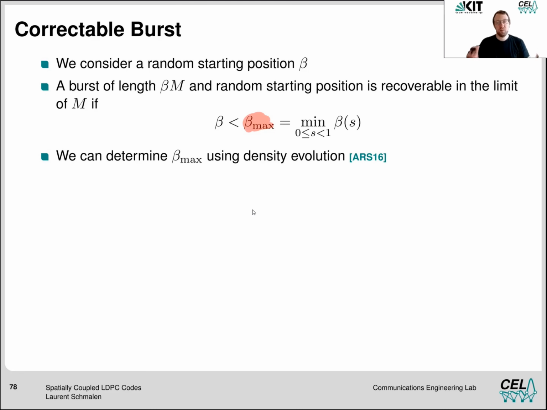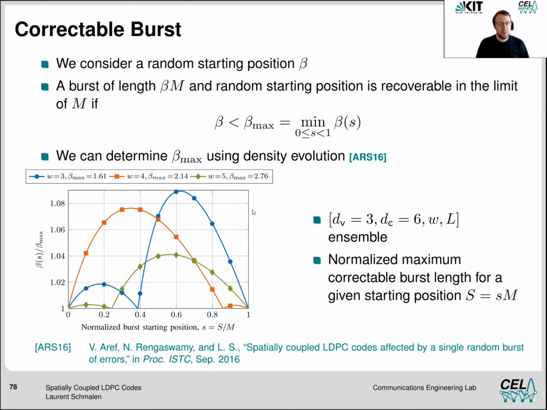It's the smallest burst beta that can happen at a certain position, and we can determine this beta max also using density evolution methods. And we find that if the burst does not happen exactly at the boundaries, but spans more than one spatial position, then we can correct longer bursts.